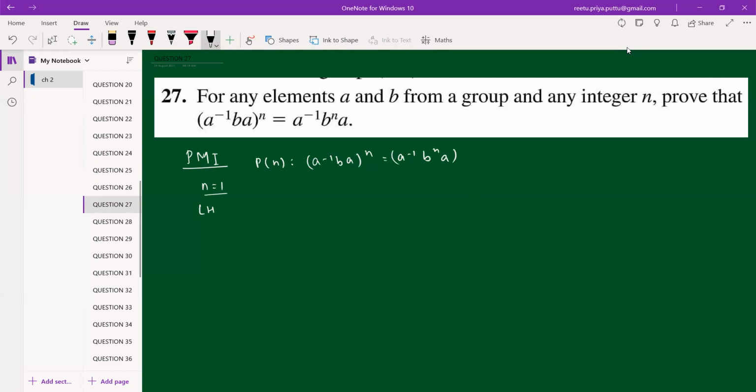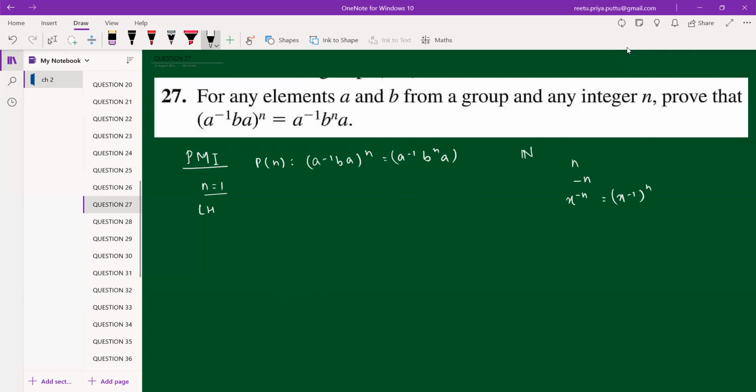Now the principle of mathematical induction works for natural numbers. What about integers? Because we are working in a group, anything with a negative power n becomes minus n, and some x to the power minus n becomes x inverse to the power n.